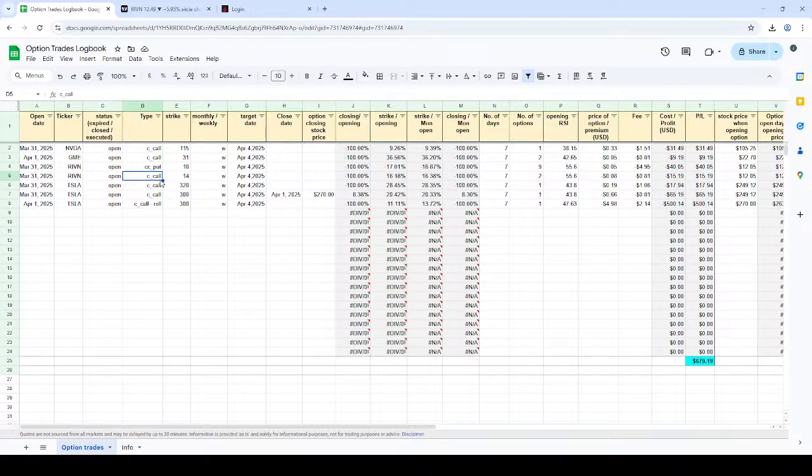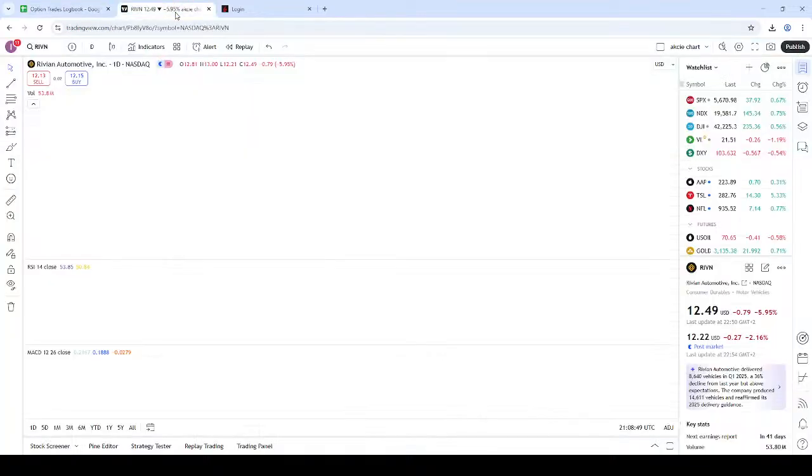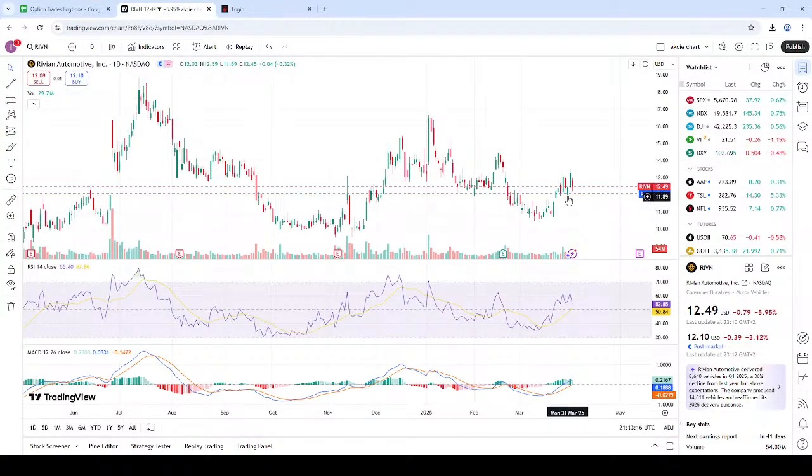covered calls. I have 200 stocks, and I bought around 11 US dollars per one share, and I was comfortable this week selling Rivian for 14 US dollars. We can check where it is right now.